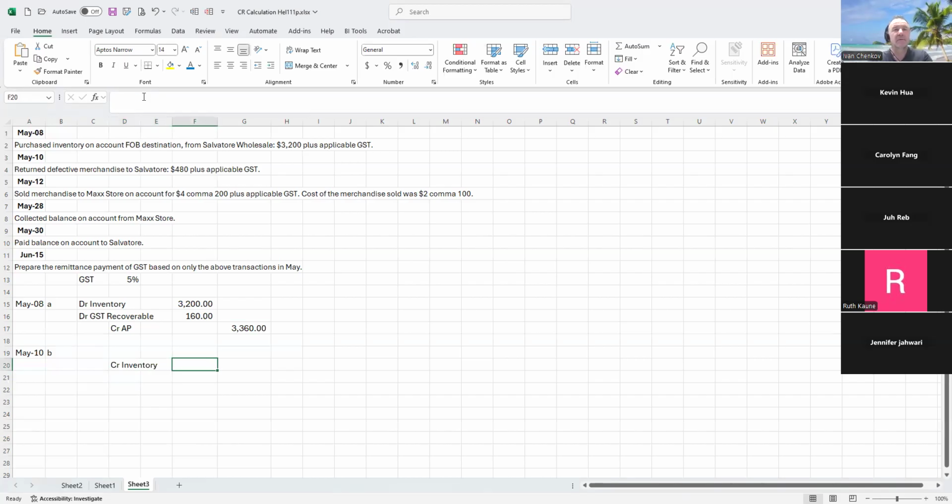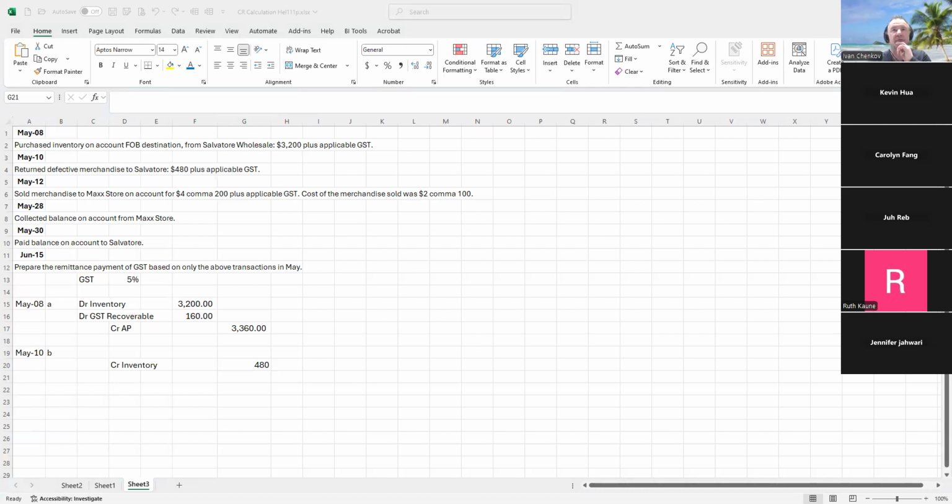And how much do I return? 480, right? Yes. Now, since the GST is not included, do I have to include the GST? What do you think? You have to credit GST recoverable.